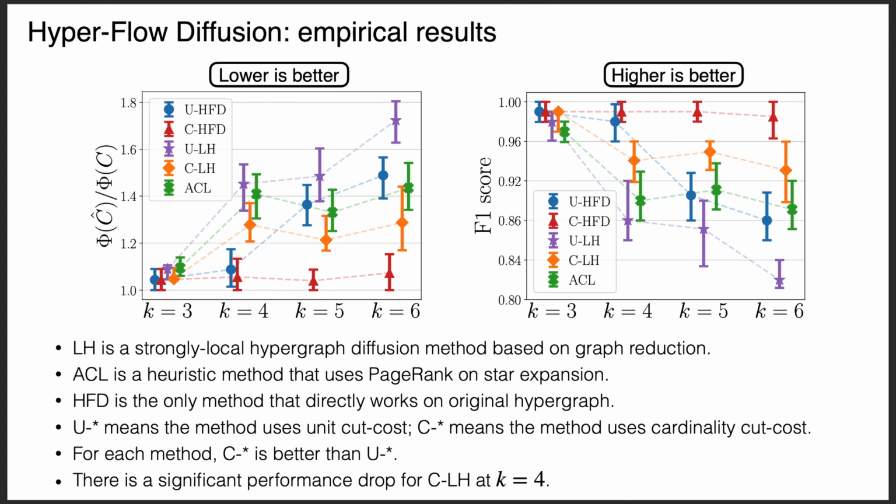On the other hand, since the conductance guarantee for our method is independent of hyperedge size, if we look at CHFD, which is colored in red, the performance in terms of both conductance and F1 does not seem to be affected by the hyperedge size.